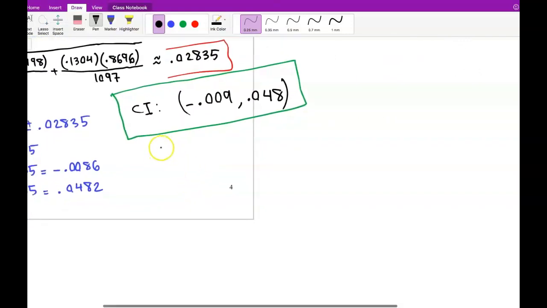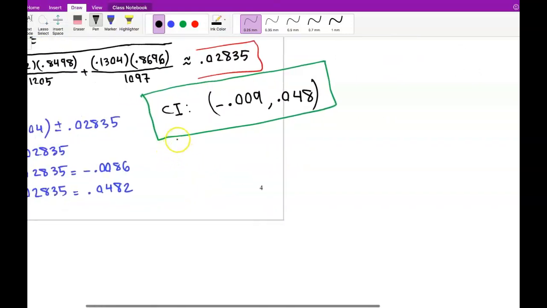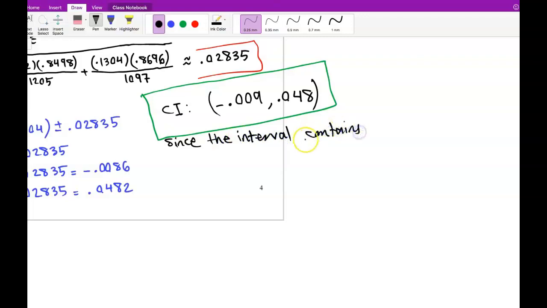Okay, I'm writing that in words. Since the interval contains zero, what that 0 was is the difference between these two.